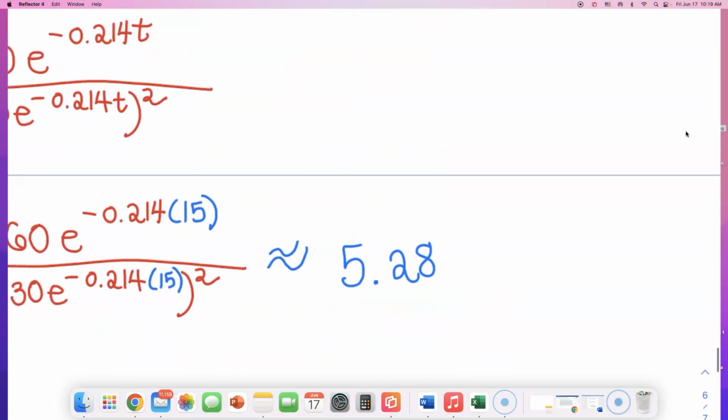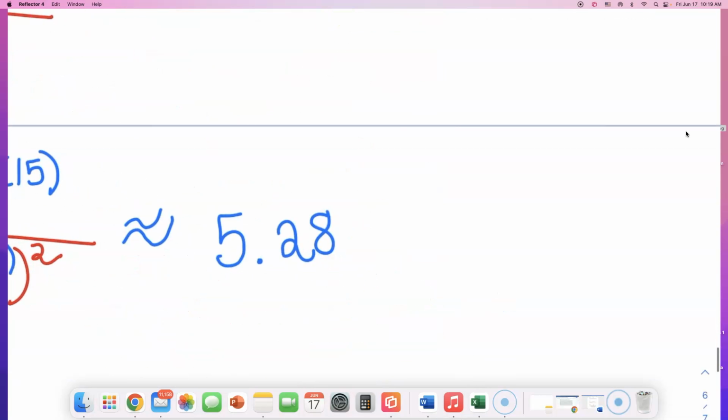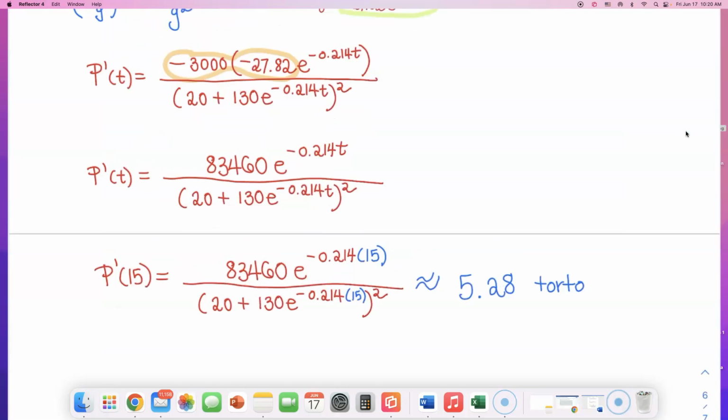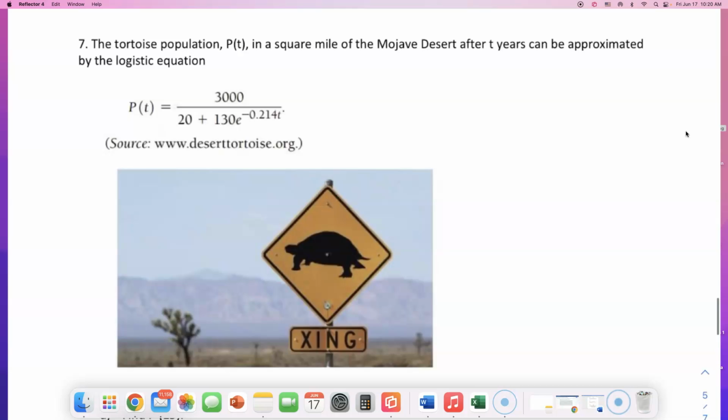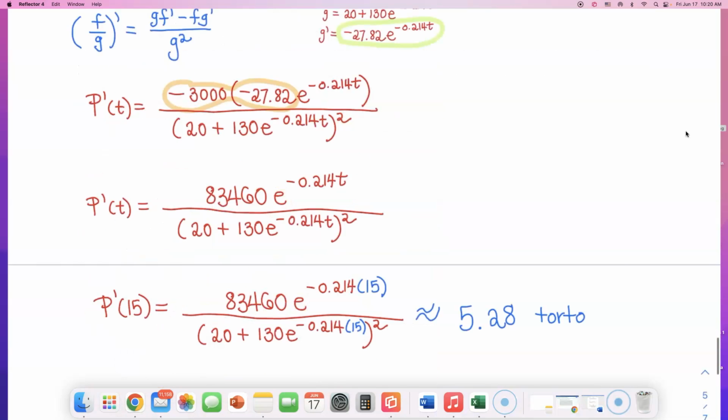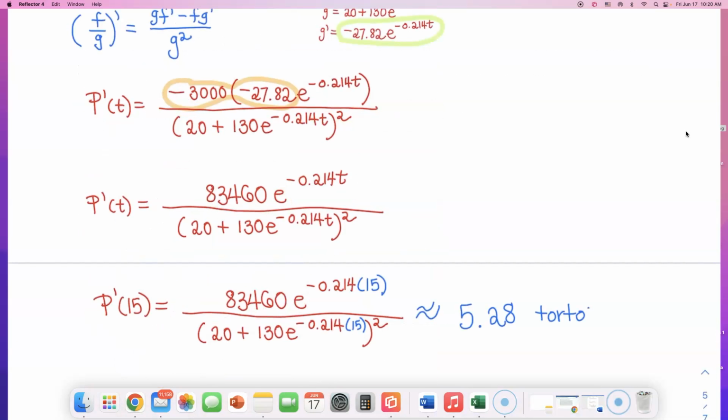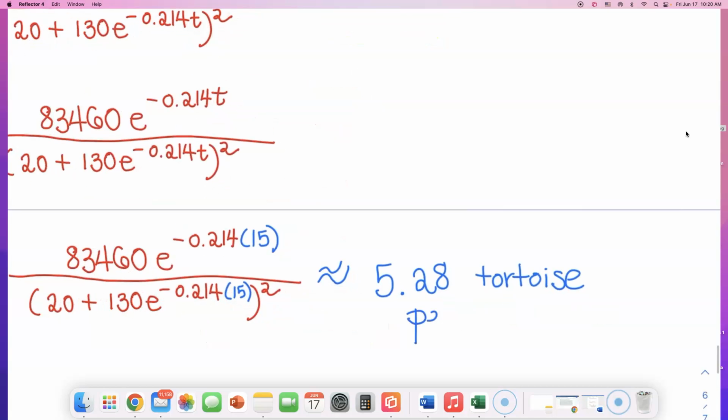Go down here. I will say tortoise. Such a cute word, but how do I spell that mess? Tortoise. Okay. Per square mile per year.